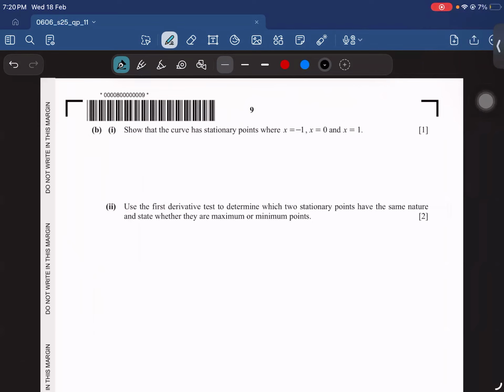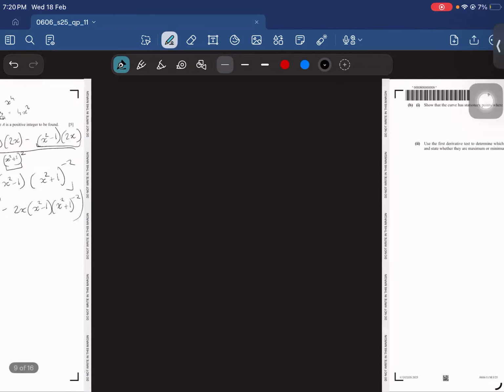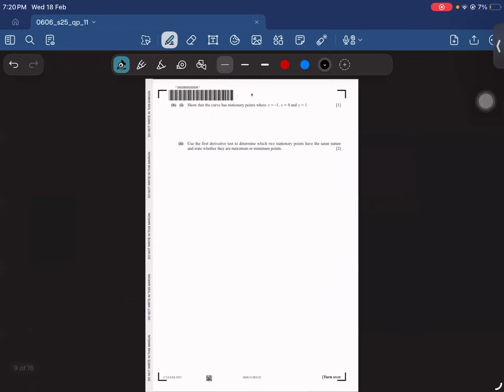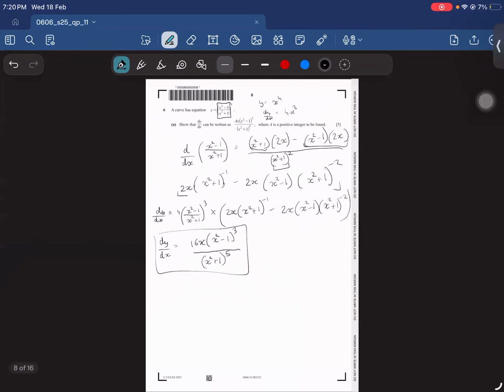Part B(i) says, show that the curve has stationary points where x equals -1, x equals 0, and x equals 1. So, what was our derivative? You know that a curve has stationary points when the derivative is 0, and the derivative that we obtain can only be 0 when the numerator is 0.